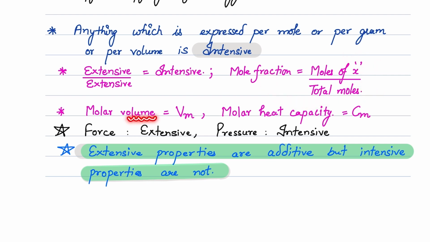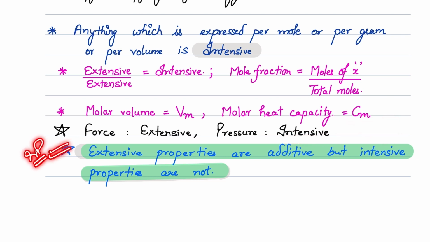Similarly, molar volume and molar heat capacity, these are examples of intensive properties. Now, please remember that force is an extensive property and pressure is an intensive property. We know that pressure is equal to force upon area. So, this becomes an intensive property.